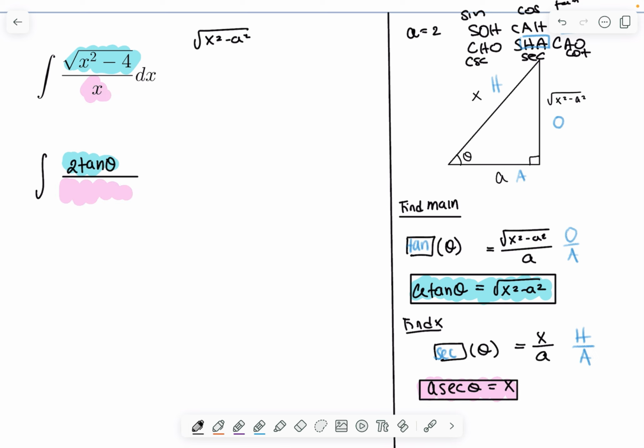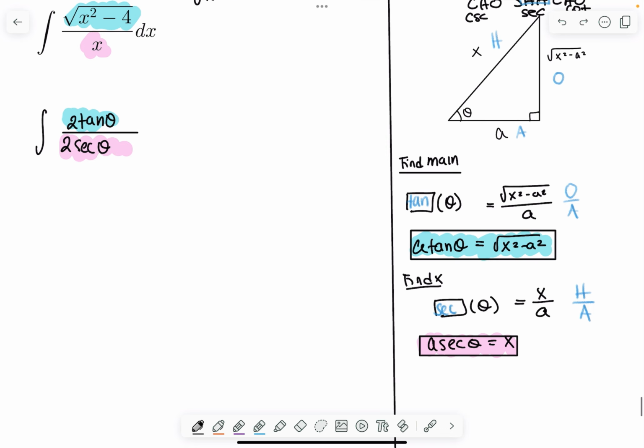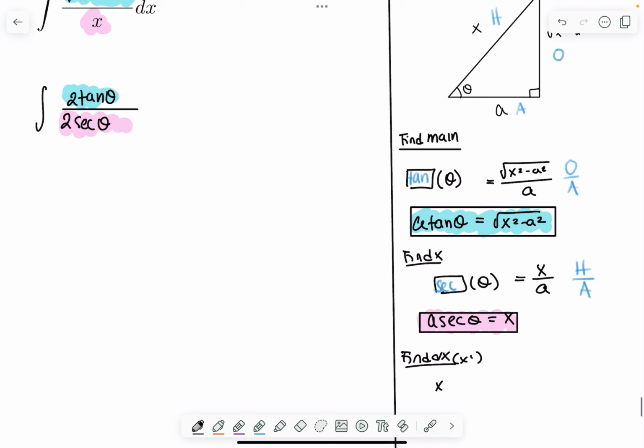So given that my a is 2, this is going to become 2 secant of theta. And then finally, I'm going to go and replace dx with d theta. So find dx. Well, dx is really just x prime. So I'm going to take my x, which is a secant of theta, and then I'm going to find x prime.